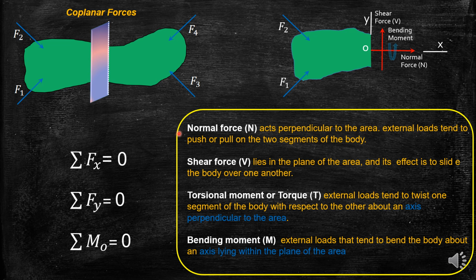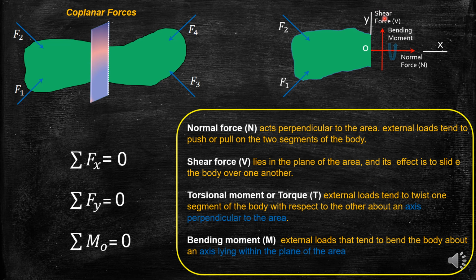So normal force is the force which acts perpendicular to the area such that its effect is to push or pull the two segments of the body. So either it will pull the body or push the body. And shear force lies in the plane of the area such that its effect is to slide the body one over the another.